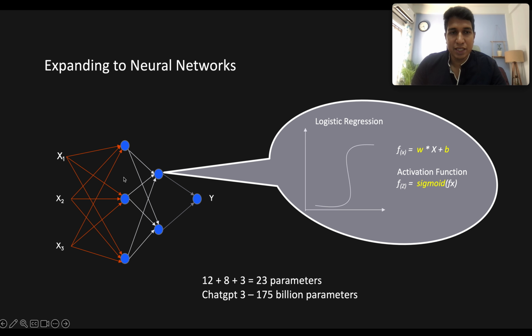For example, in this case, where we have three inputs and one output, and there are 6 neurons, there are around 23 parameters. And the most interesting part is that the new large language models have around 175 billion parameters. That's how they are able to learn the most complex details about the data. I hope this was interesting, and thank you.